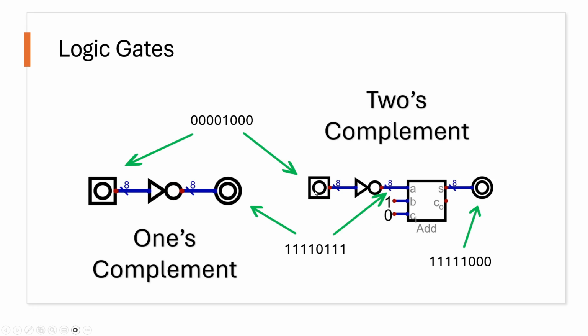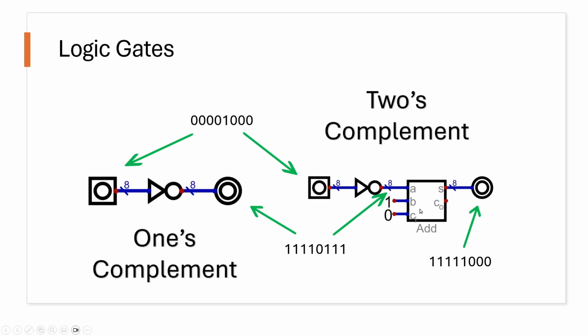You take the 8-bit number input. We give this the same number input here in our example. At this point in the circuitry, you get this number here, the same number that comes out of the ones complement.